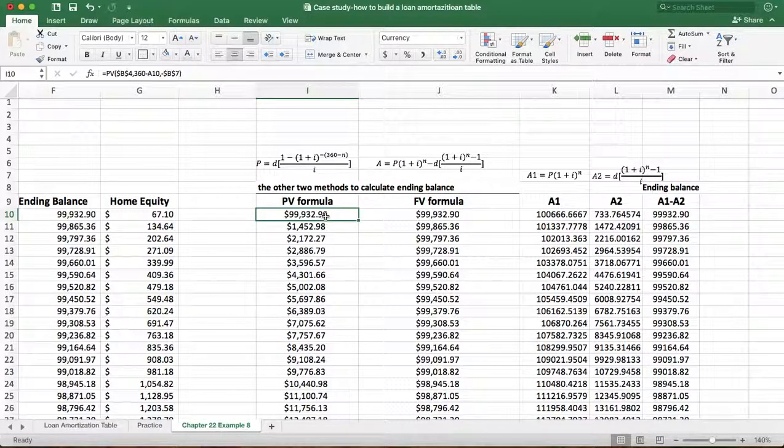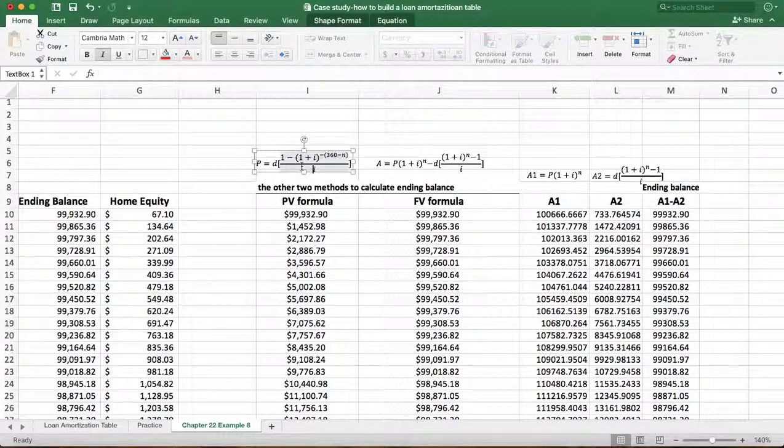You just click on this cell, so you can figure out how to use the Excel formula or pure mathematical formula to calculate the ending balance, because the previous way I just introduced is very straightforward, very intuitive.